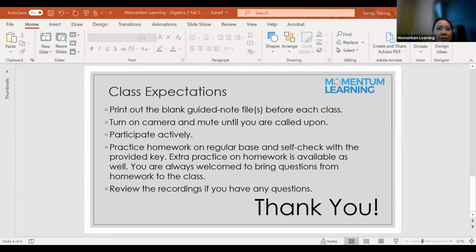In each class, students need to participate actively, and we have homework on a regular basis. I will also provide the key, so you will self-check. Because it's a weekly class, some of you might have some extra time and want to do a few more practice problems.